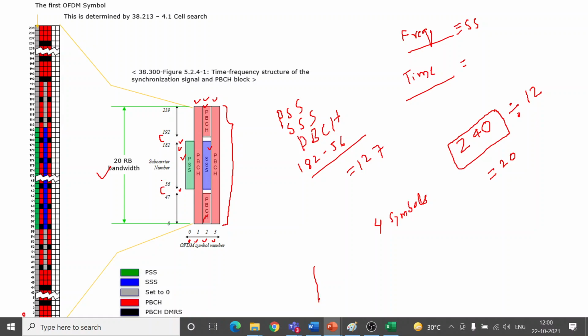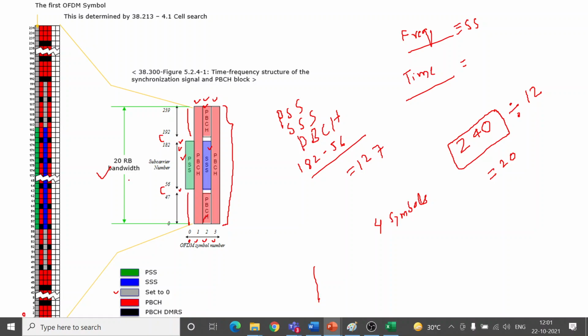All those other locations are set to 0. No other information, it is filled with 0. You can see here, the gray areas are 0. Wherever nothing is shown, the blanks are nothing but 0.